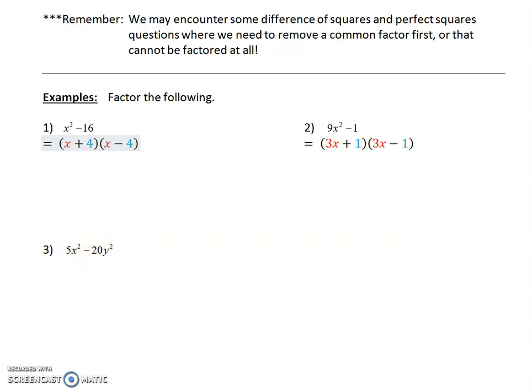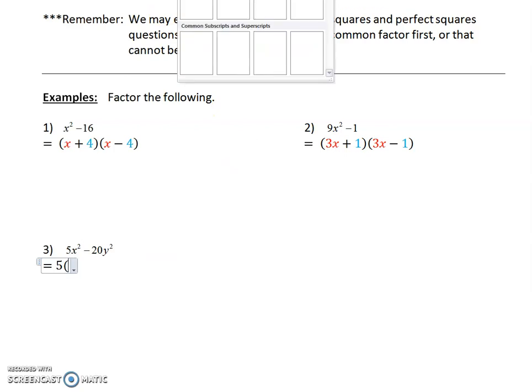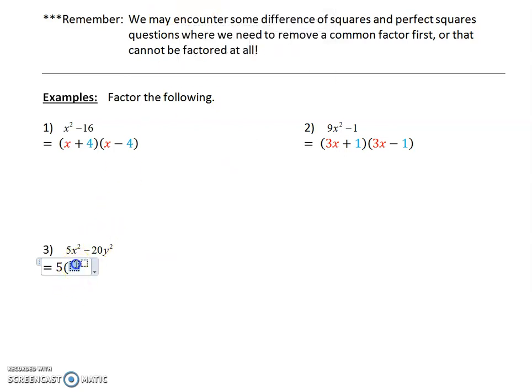Why don't we take that 5 out first and then see if we're actually left with a difference of squares. So equals, and then let's take the 5 out. We're going to factor. All those leftovers are going to go into brackets. So this guy divided by 5 is x squared minus 20 divided by 5 is 4, and then the y squared.